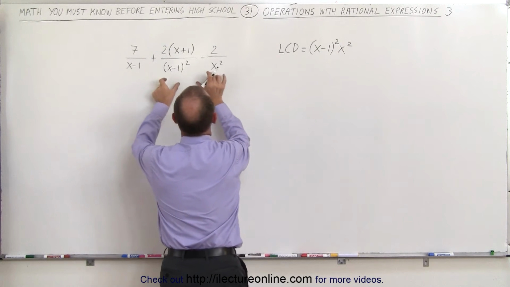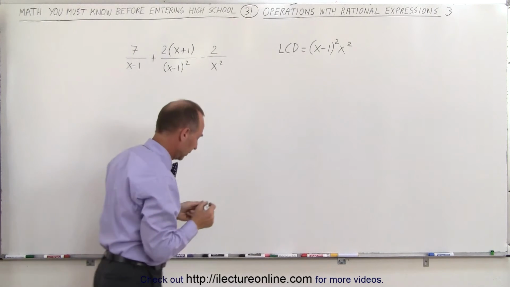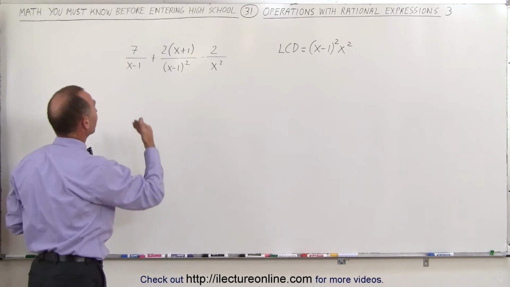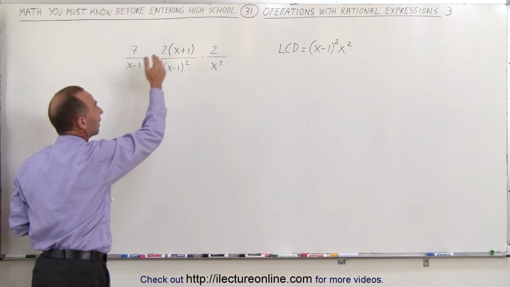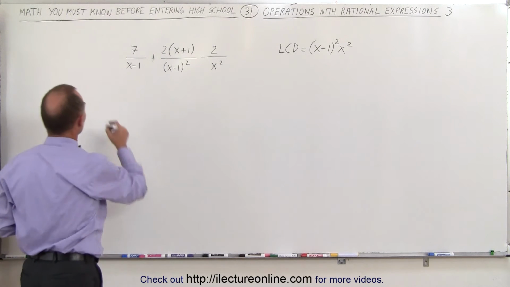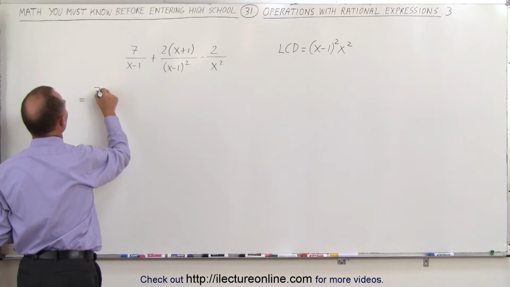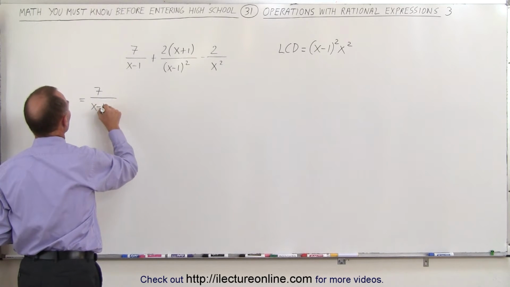Every denominator here fits into this denominator, which means that we have to multiply both the numerator and the denominator by what's missing. So this can then be written as 7 over x minus 1.